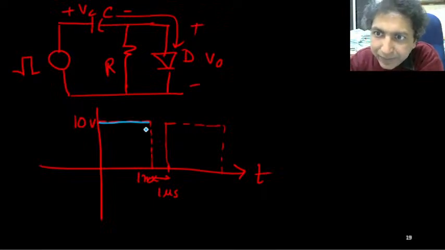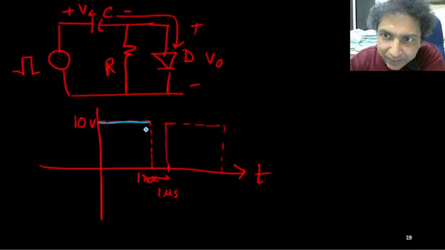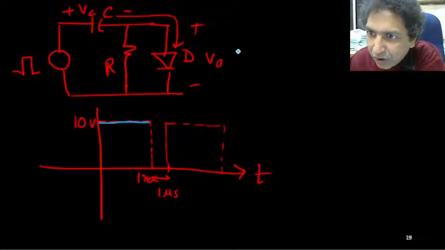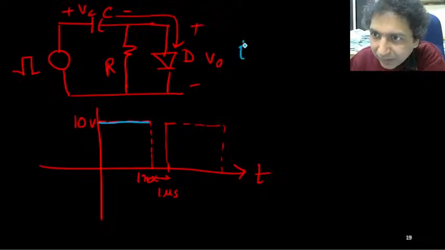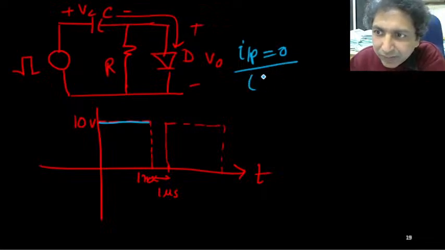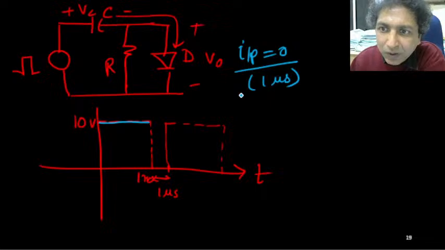and when the input is absent, now for this 1 microsecond input is absent. So can you see this? When it is off, input is absent, input equals 0. Okay, for this 1 microsecond, what is happening?